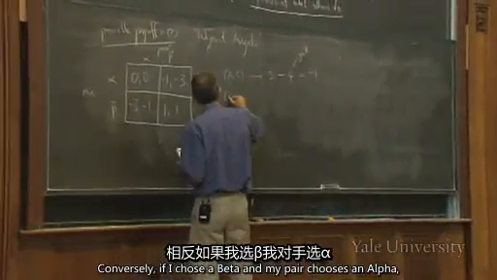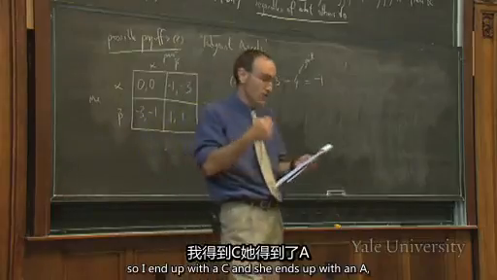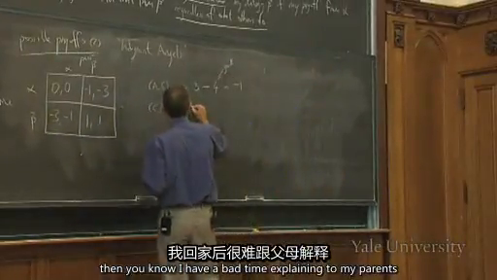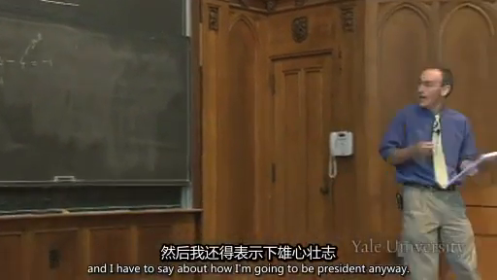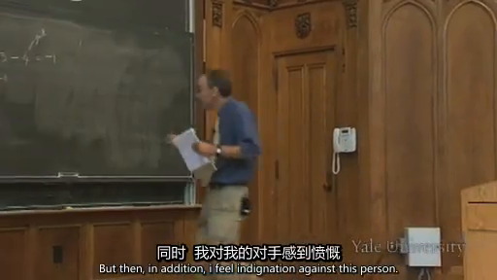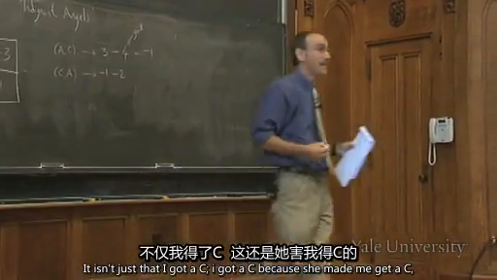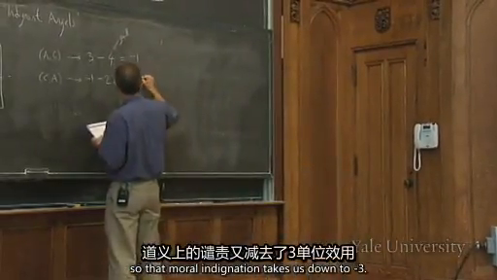Conversely, if I chose beta and my pair chose alpha, so I end up with a C and she ends up with an A, then I have a bad time explaining to my parents why I got a C in this class, and I have to say how I'm going to be president anyway. But then in addition, I feel indignation against this person. It isn't just that I got a C because she made me get a C. All right? So that moral indignation takes us down to -3.